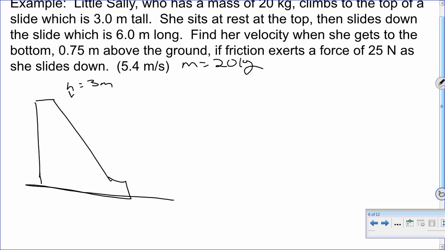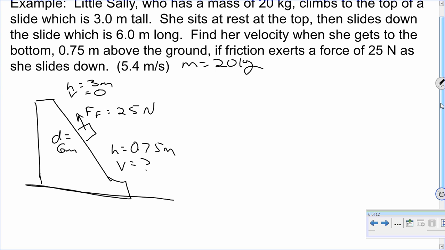She sits at rest at the top. She slides down the slide, which is 6 meters long. Find her velocity when she gets to the bottom of the slide, 0.75 meters above the ground. So the slide doesn't go all the way down to the ground, and we're trying to find the velocity down here. It tells you that friction exerts a force of 25 newtons. So as she goes down the slide, we have this force of friction of 25 newtons going up the slide.